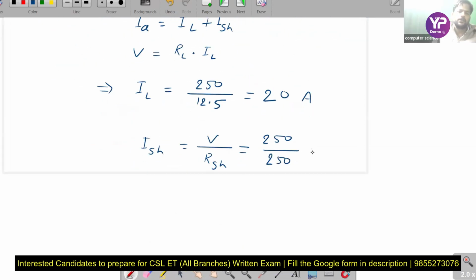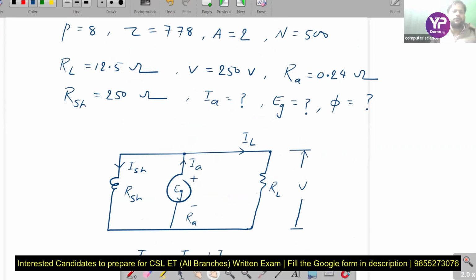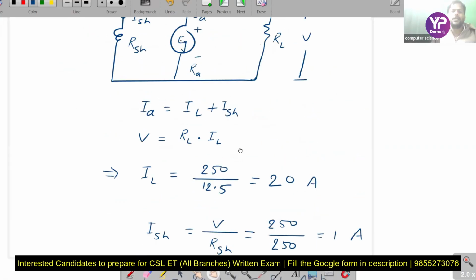By simplification, we get ISH equal to 1 ampere. Now put IL and ISH in this equation: IA equals IL plus ISH, which is 20 plus 1, equal to 21 ampere. So the first part, IA, is found, and its value is 21 ampere.